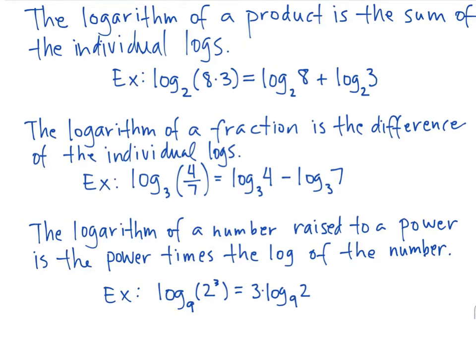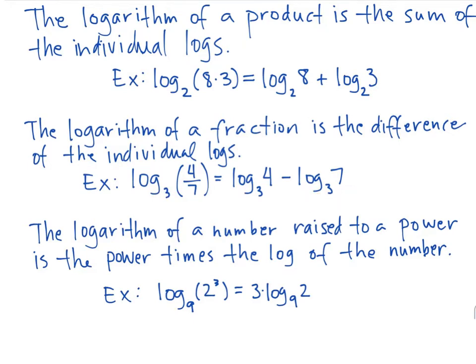The next one says that the logarithm of a fraction is the difference of the individual logs. So log base 3 of 4/7 is equal to log base 3 of 4 minus log base 3 of 7.